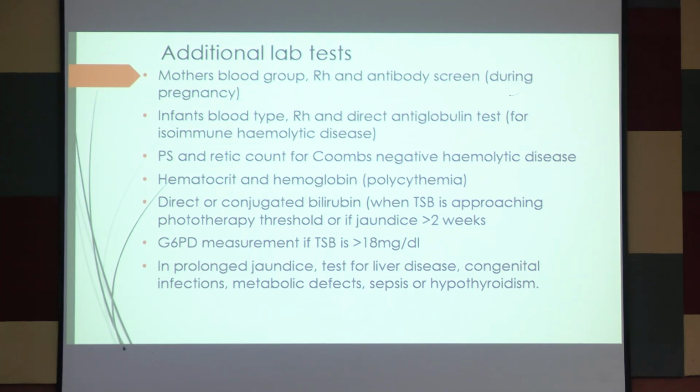G6PD measurement mainly in boy babies if TSB is more than 18 milligram per deciliter, and if prolonged jaundice, then test for liver disease, congenital infections, TORCH infection, metabolic defects, any inborn error of metabolism, galactosemia, sepsis or hypothyroidism. So, these tests are to be done and causes ruled out.